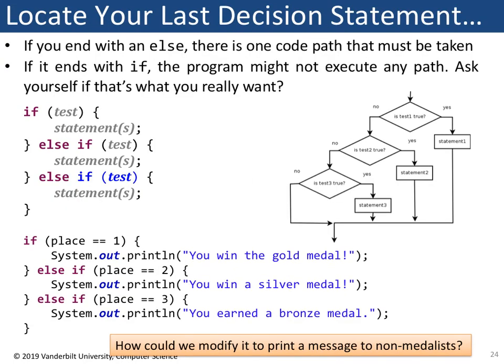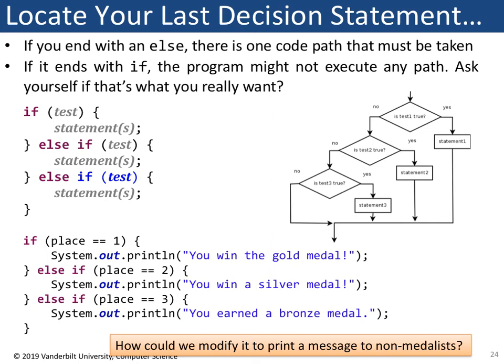So consider this situation. If we do not terminate a sequence of if-else-if statements with an else, then there is technically a program path which doesn't execute any of the options. So in this particular example where we have if, else if, what happens if this test and this test all prove false?